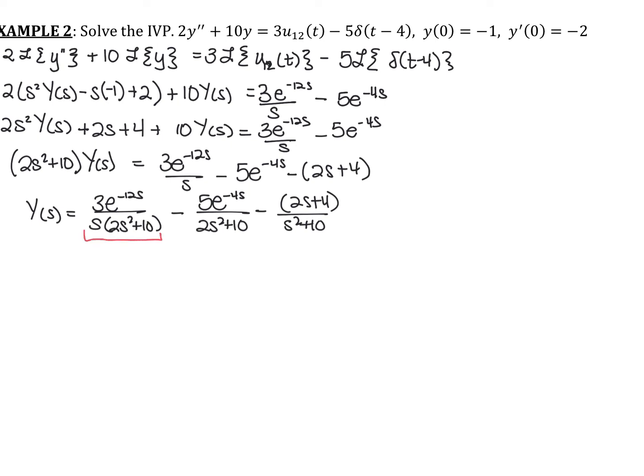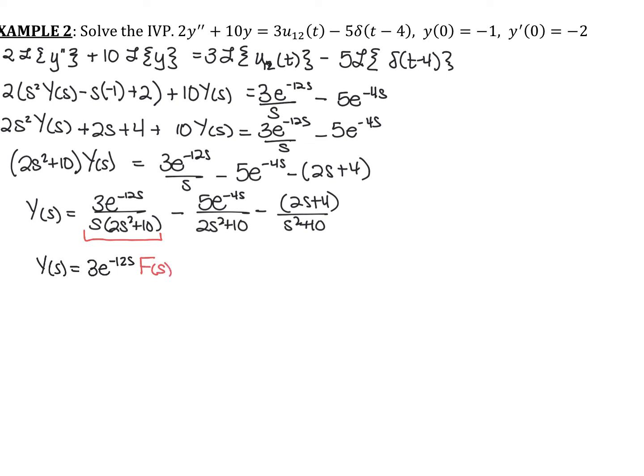We will call this function, if I rewrite the Laplace transform of y, I would have 3e to the negative 12s times, let's call this function the Laplace transform of f.